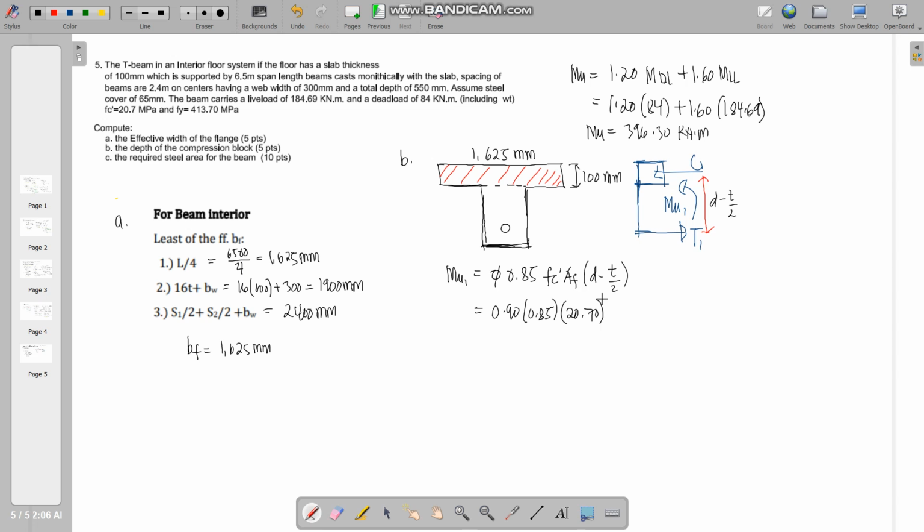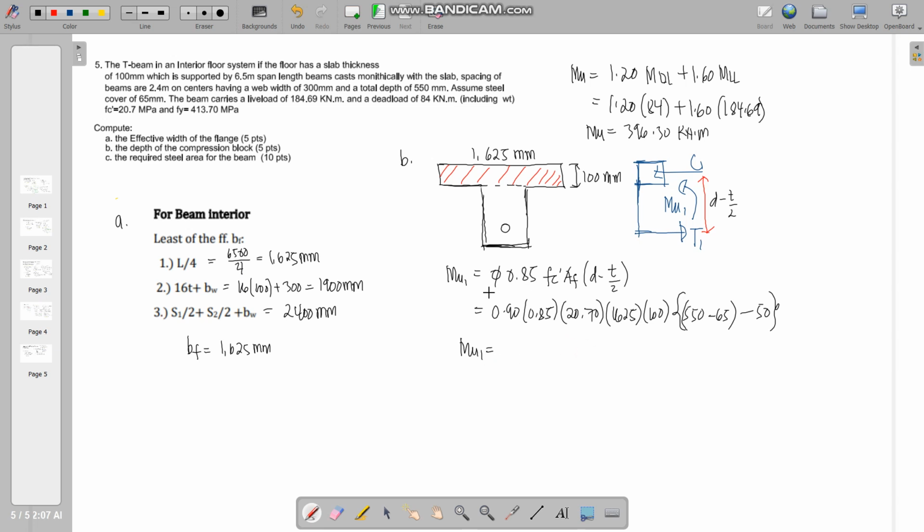Okay, for the flange area, we have 1625 by 100, and then the depth is the overall depth minus the clear cover, which is 65 millimeters, then minus thickness over 2, 100 over 2, that is equal to 50 millimeters.